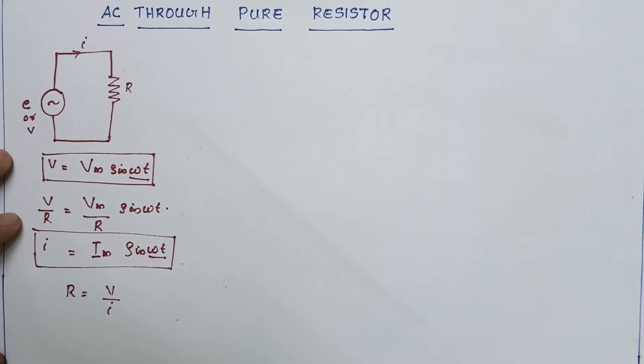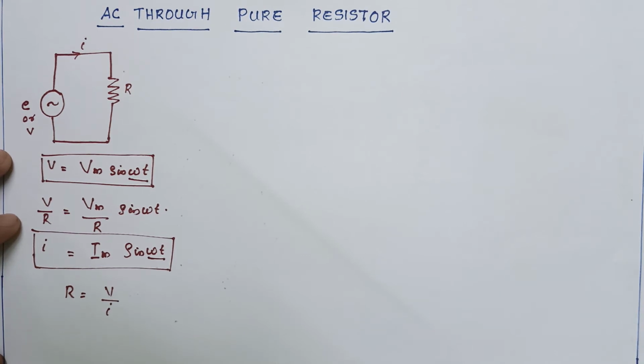Otherwise, we can say that the current and voltage in the case of a resistor are in phase with each other. If the voltage increases, the current will also increase. If the voltage decreases, the current will also decrease.